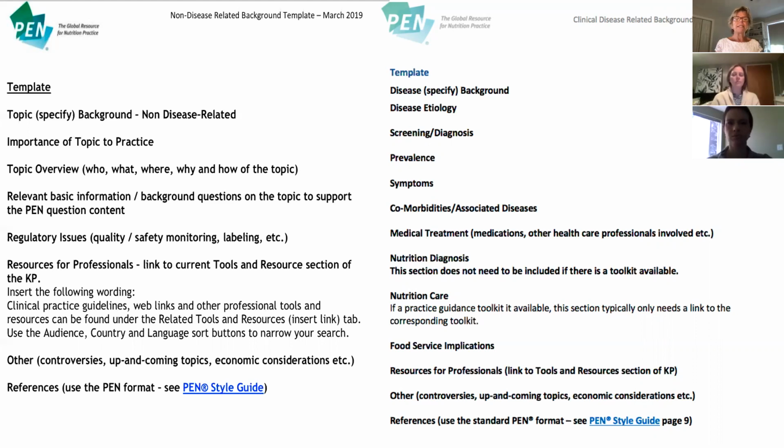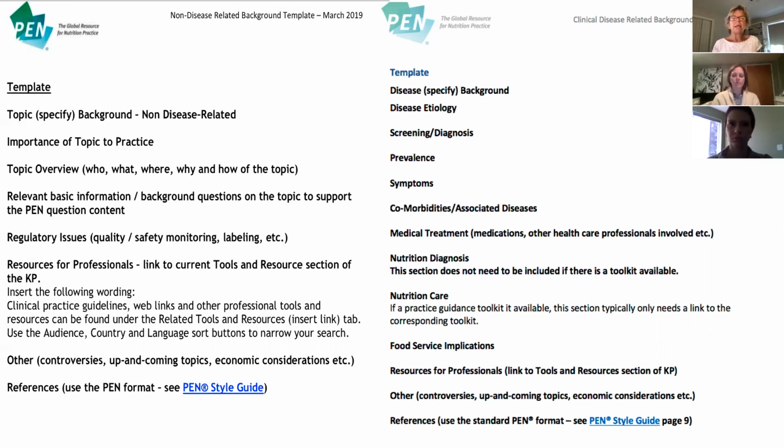The clinical templates on the right side of your screen cover topics like what's the etiology, how would we screen or diagnose the condition, what's the prevalence, what are the symptoms, what are the comorbidities and associated diseases, and medical treatment, those that aren't specifically related to a dietitian's role. So those templates just show you the type of information we include in background information, and they are in Penn for most topics.